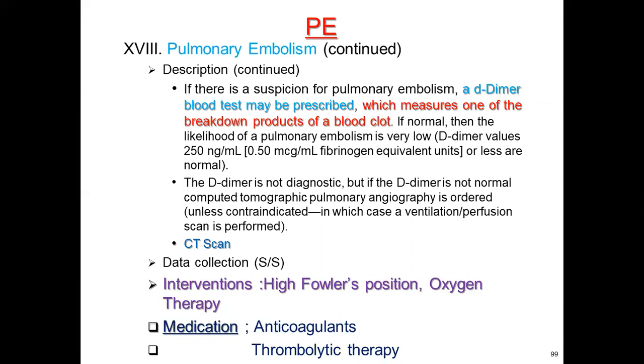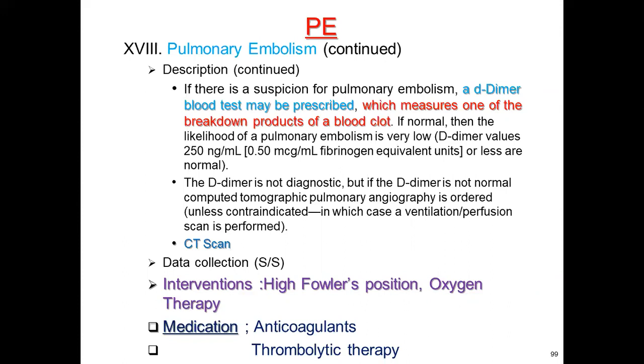So bed rest, administer oxygen, Fowler position, heparin or Coumadin, which are anticoagulants, and thrombolytic drugs like streptokinase can help to break down the clot. So medication is anticoagulant or thrombolytic therapy like heparin, Coumadin, and streptokinase, right?